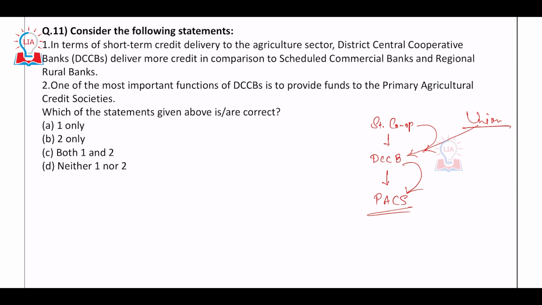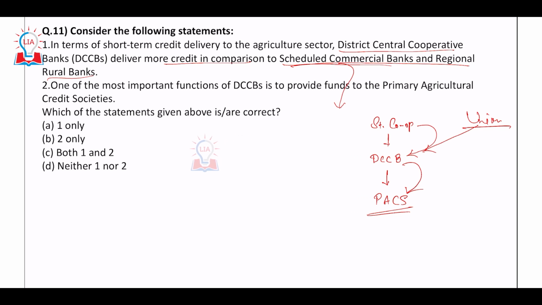In terms of short-term credit delivery to the agriculture sector, do DCCBs deliver more credit in comparison to SCBs and regional rural banks? No, it's not possible. Why? Because of the sheer scale at which we are speaking, the number of scheduled commercial banks and regional rural banks will be far higher than the number of district central cooperative banks you have, right?